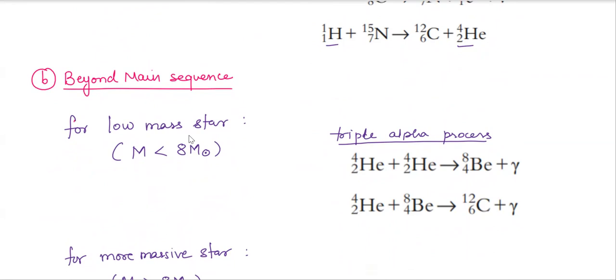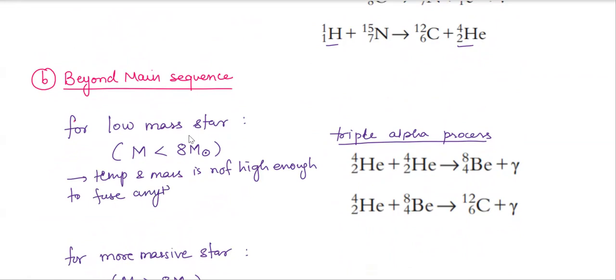For a low mass star, the temperature and the mass are not high enough to fuse anything more than carbon-12.